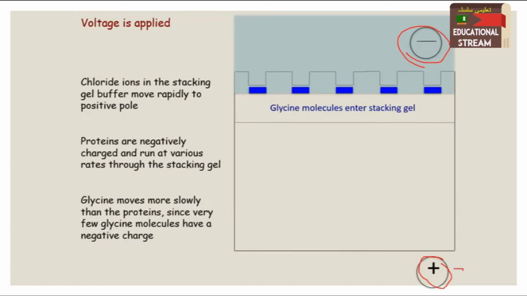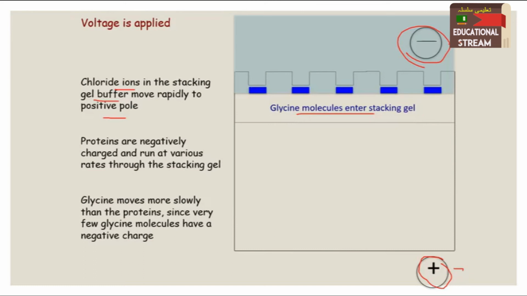Then we are using the buffer, which is made up of Tris-HCl and glycine. So it has the chloride ions. Chloride ions in the stacking gel buffer move rapidly towards the positive pole, right? Glycine molecules also have entered the stacking gel because we have filled up all the gel with the buffer, and we know that proteins are negatively charged due to SDS, and they will run at various rates through the stacking gel because the stacking gel pore size is larger.